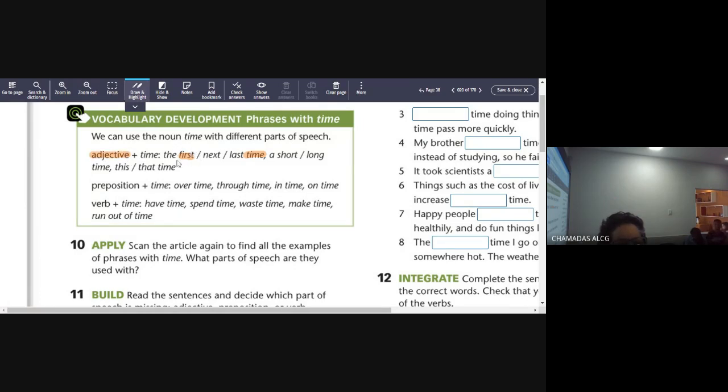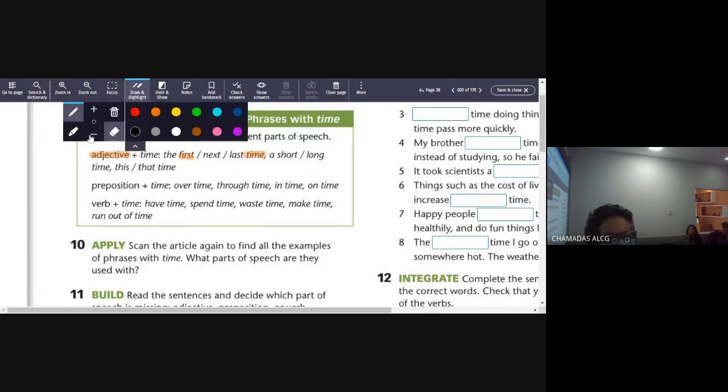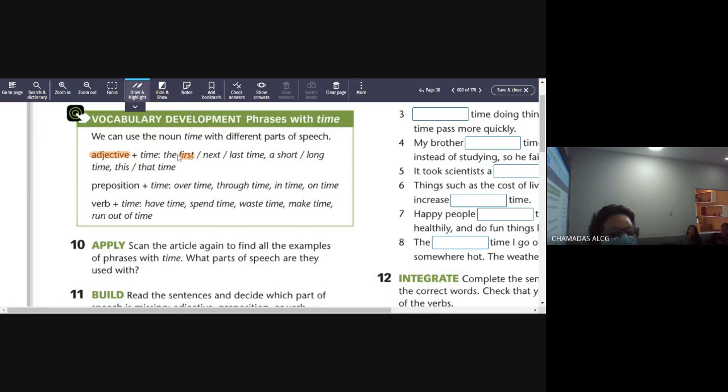Adjective is only the word first, okay, people? Not the word time. So let me erase here so you don't mix it up, because time is not an adjective. We're just talking about the words that go with time, like first, next, last, okay?